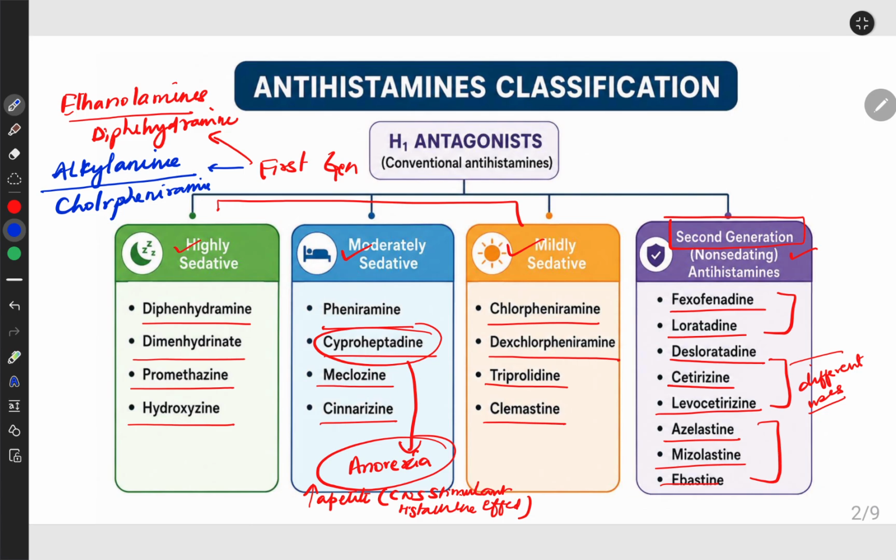A chemical classification is given in the PDF attached in this video.